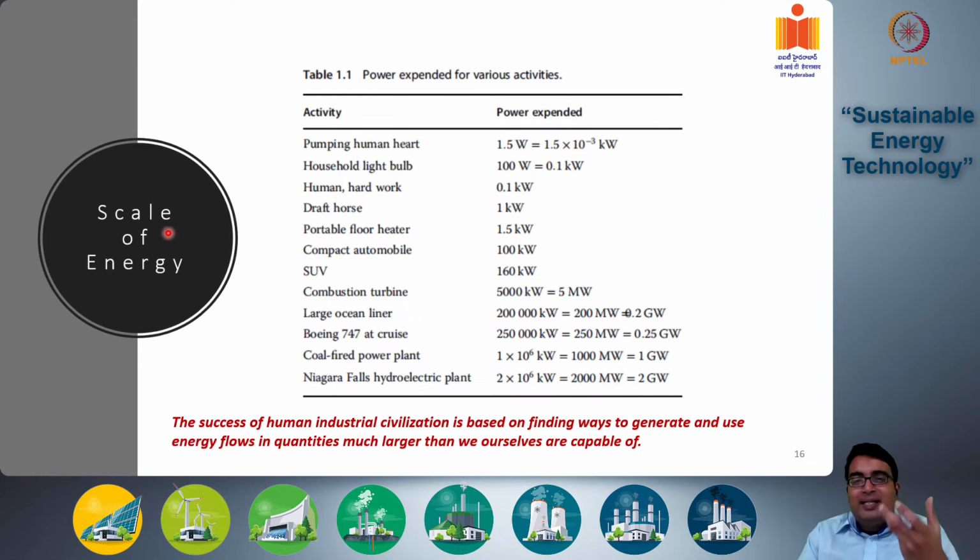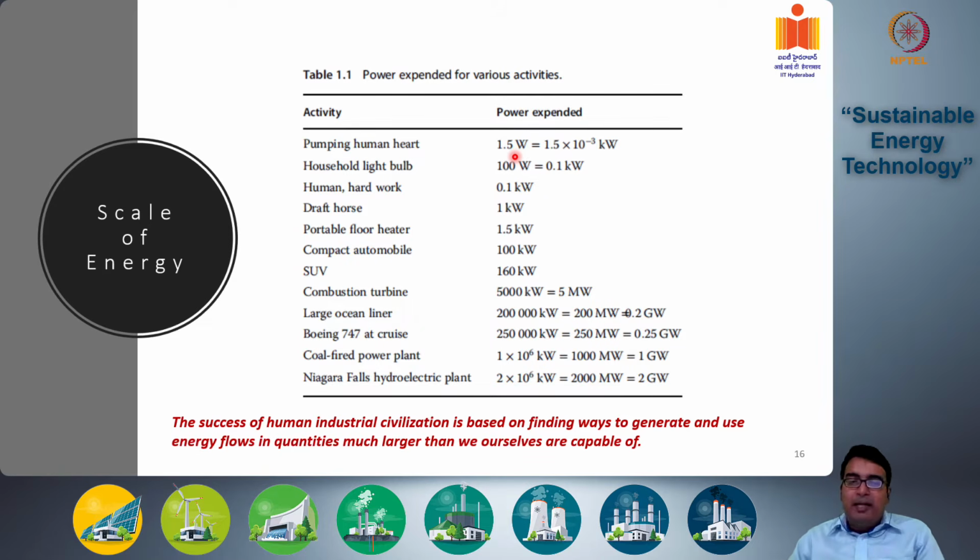What is the energy required by your heart as it pumps blood throughout your body? It's around 1.5 watts. So your heart is expending 1.5 joules per second of energy, so its power expended is 1.5 watts.